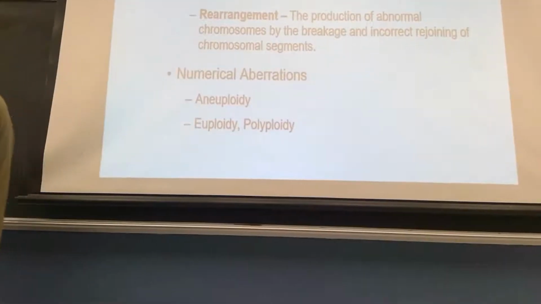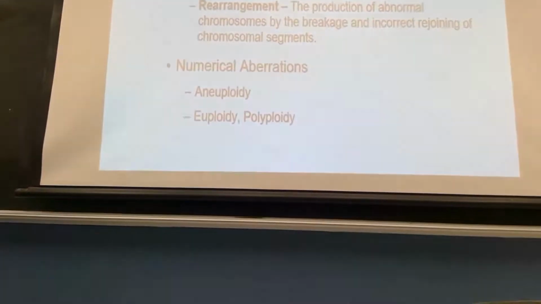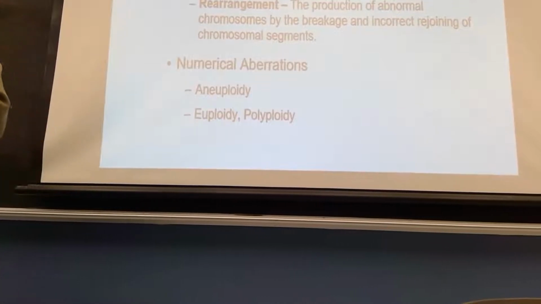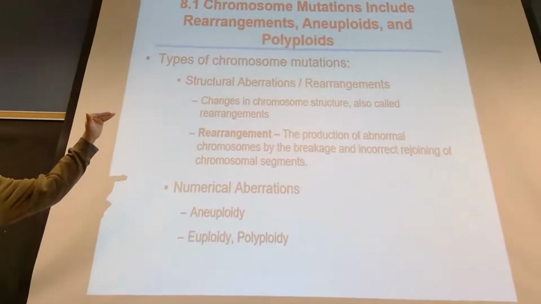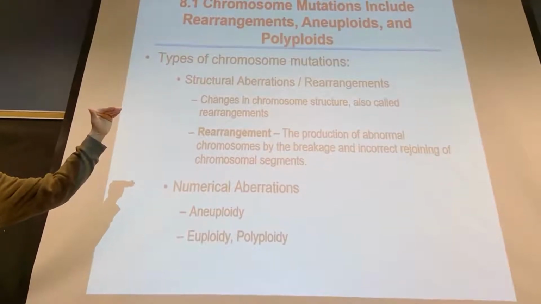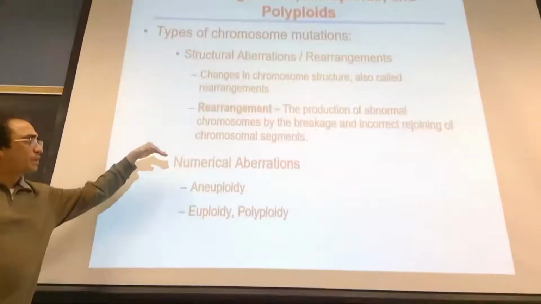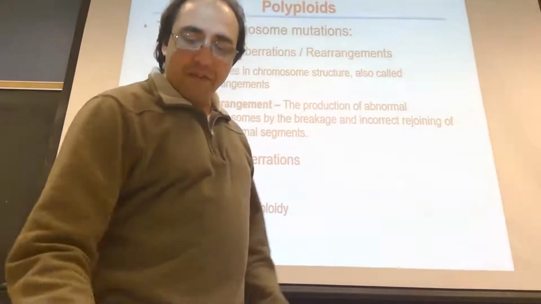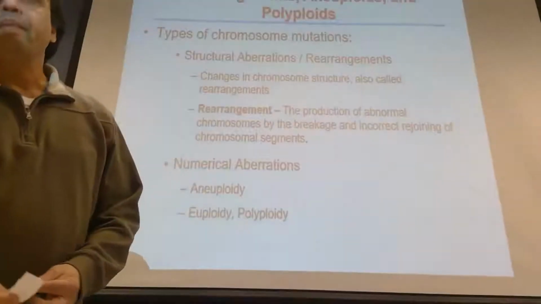Chromosomal aberrations means any kind of change in chromosome, either in structure or in number. If the change is within the structure, it is called structural aberration or chromosomal rearrangement. And the main thing is that there should be some kind of damage and reunion.